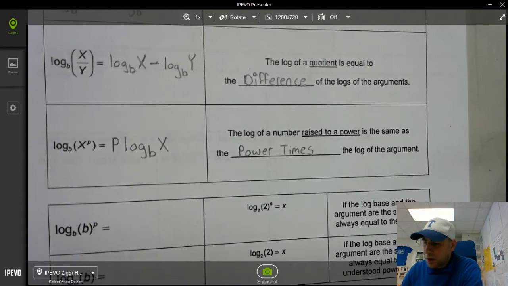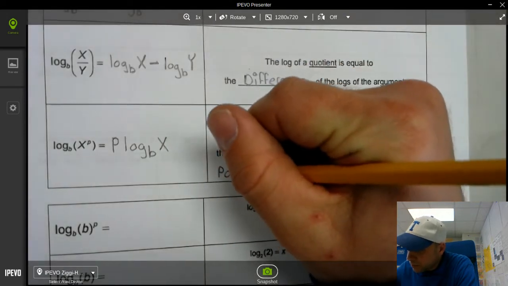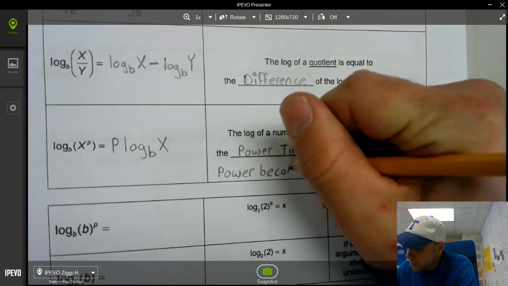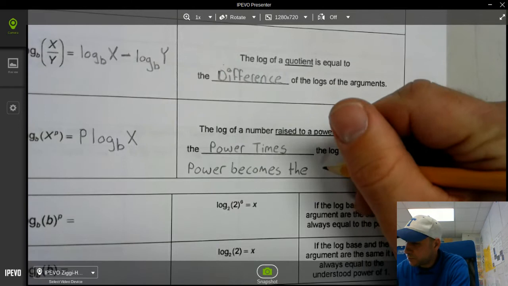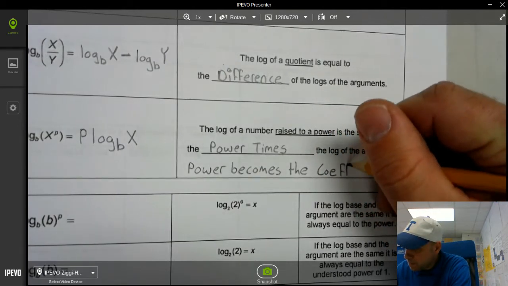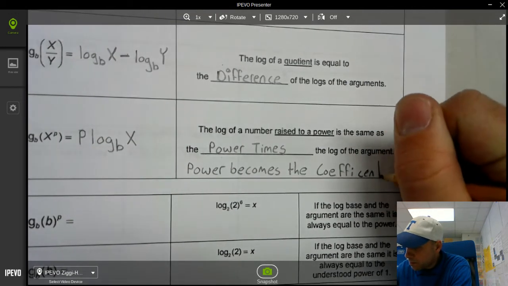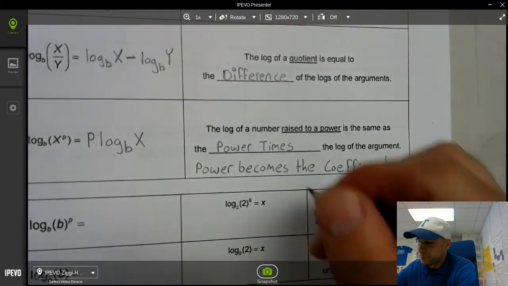Okay, another way to understand this is that the power becomes the coefficient. Okay, the power becomes the coefficient.